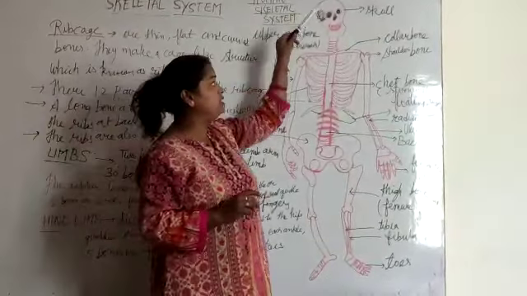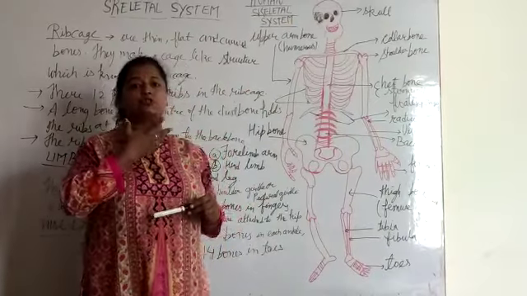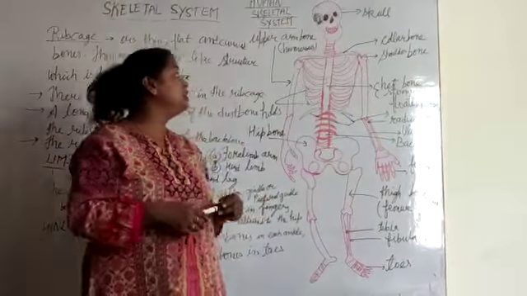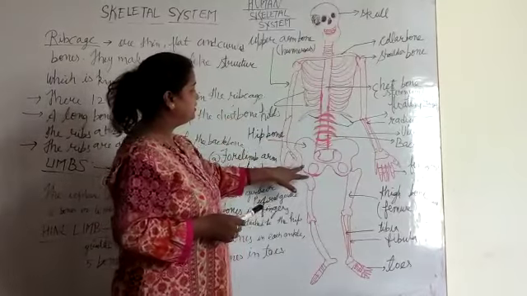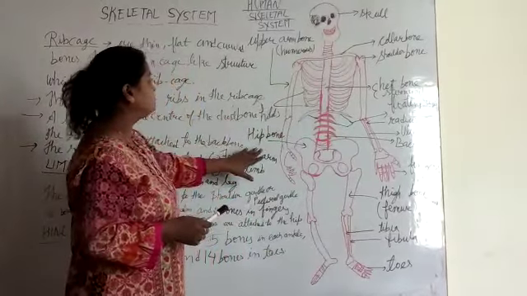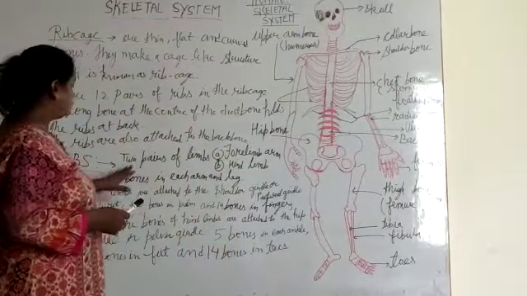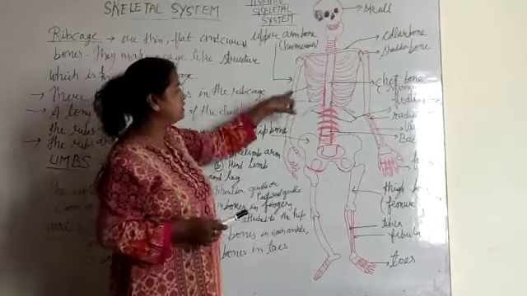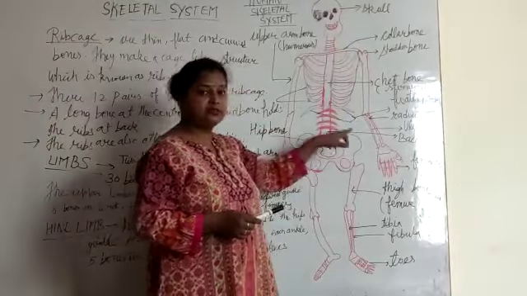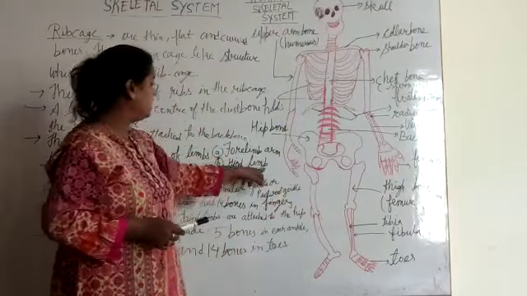The skull is fixed; only the lower jaw can move, for speaking and eating food. Clear? These 2 pairs of limbs are attached with the shoulder girdle and the hip girdle. The forelimb, the arm, these are the hands, and these are the legs, that is the hind limb.